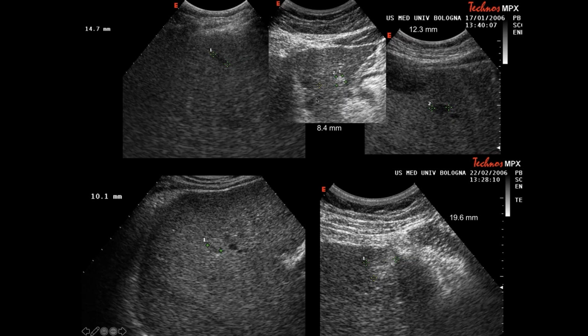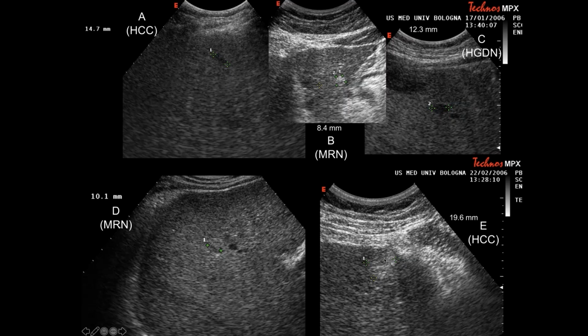But ultrasonography is unable to make a differential diagnosis alone. For instance, these lesions which appear similar, where this is a biopsy-proven hepatocellular carcinoma, and this was a biopsy-proven regenerative nodule. These were two hypoechoic lesions, and these are two tiny hyperechoic lesions.